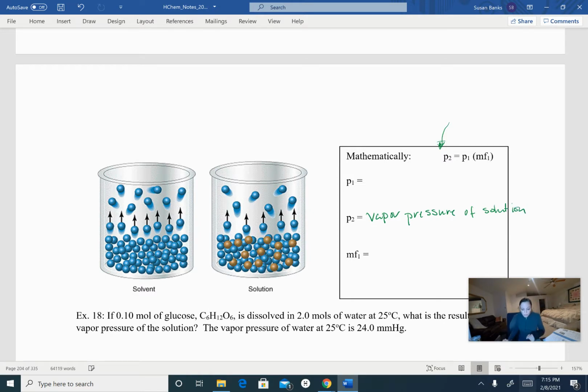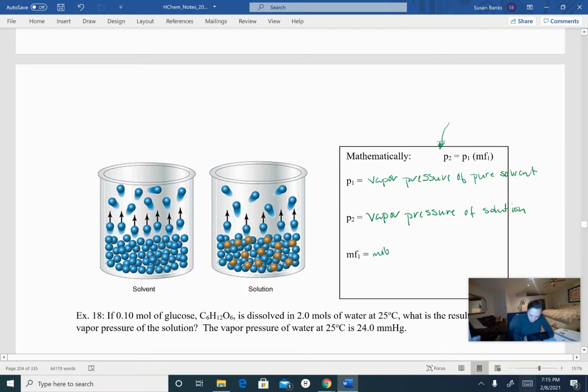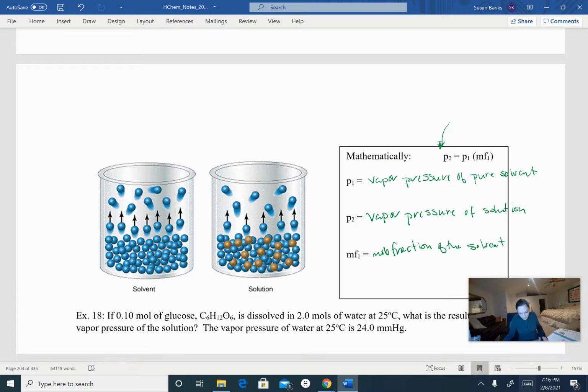Okay, P1 is the vapor pressure of the pure solvent. And then MF1 is the mole fraction of the solvent.